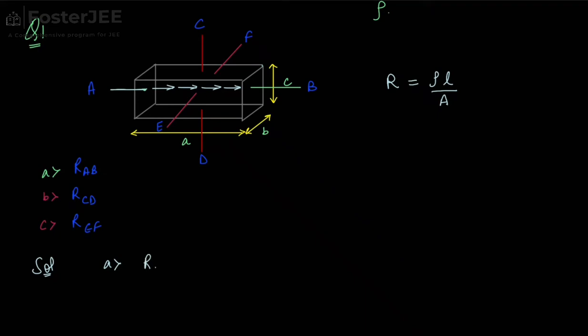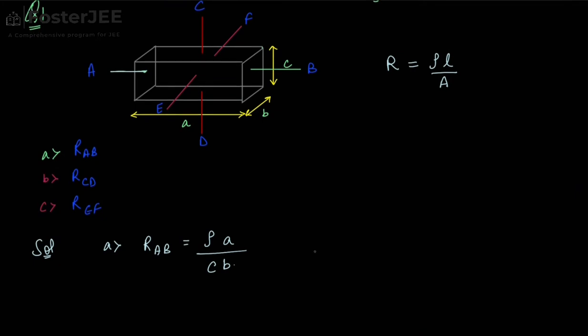So, the resistance of the AB part will be rho into A upon what is the cross sectional area? Since during travel along this path, the total cross sectional area available for the electrons is this one, which is C times B. So we will write upon C times B. This is the expression for the resistance between A and B.